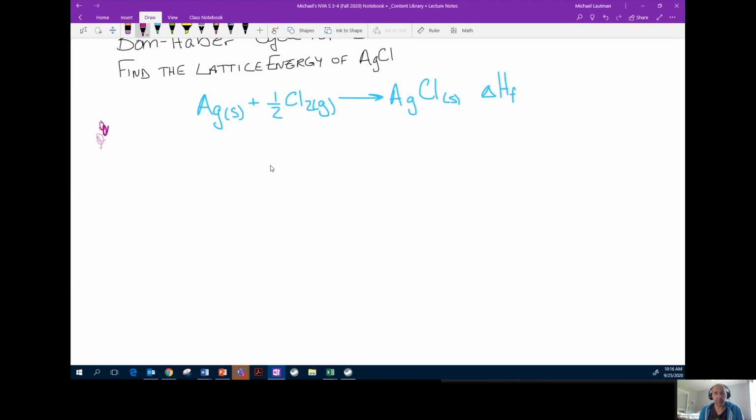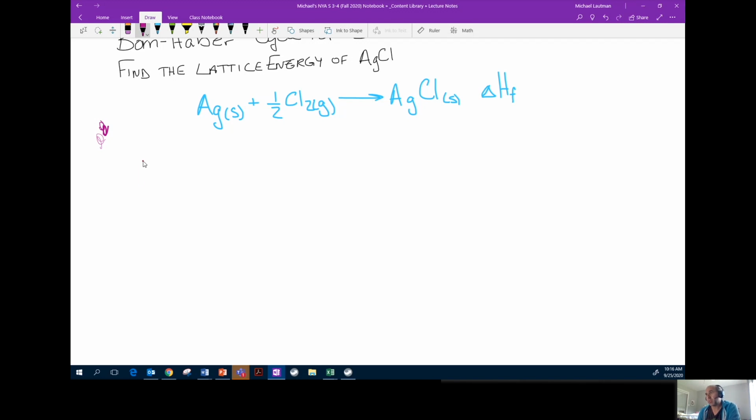So remember, the model that we use for Born-Haber cycles is that we look at our starting reactants, and then we have to vaporize them. We have to get everything into the gas phase. Then we have to make sure we have gas phase atoms. Then we transfer our electrons and then condense everything into the solid state. So the first thing we're going to do is get everything into the gas phase.